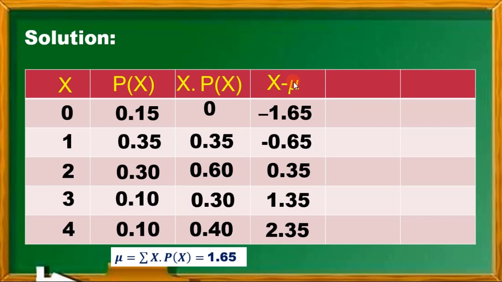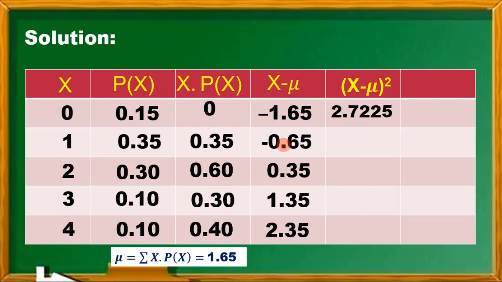Then what are we going to do next? Well, this column, multiply it to itself or square it. So negative 1.65 squared becomes positive. And if you have the calculator, you can verify with me that 1.65 squared is 2.7225. Now we have 0.65.